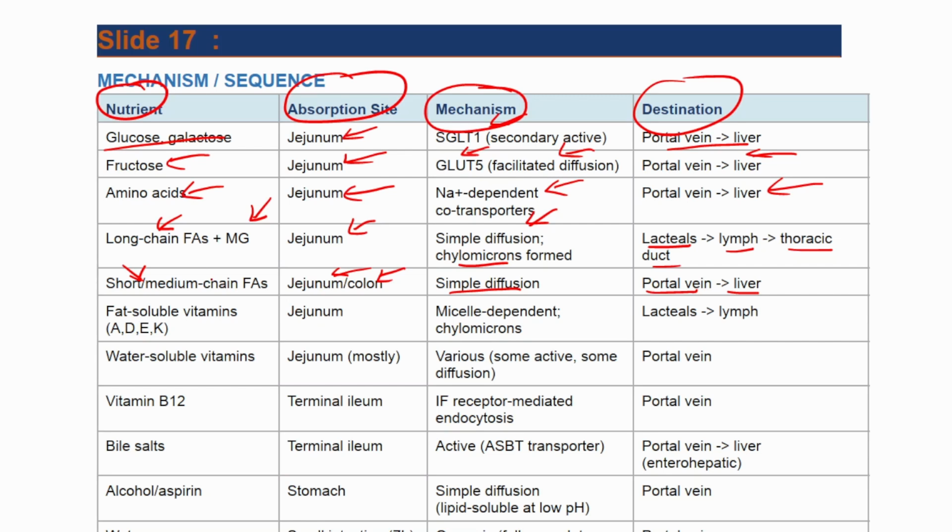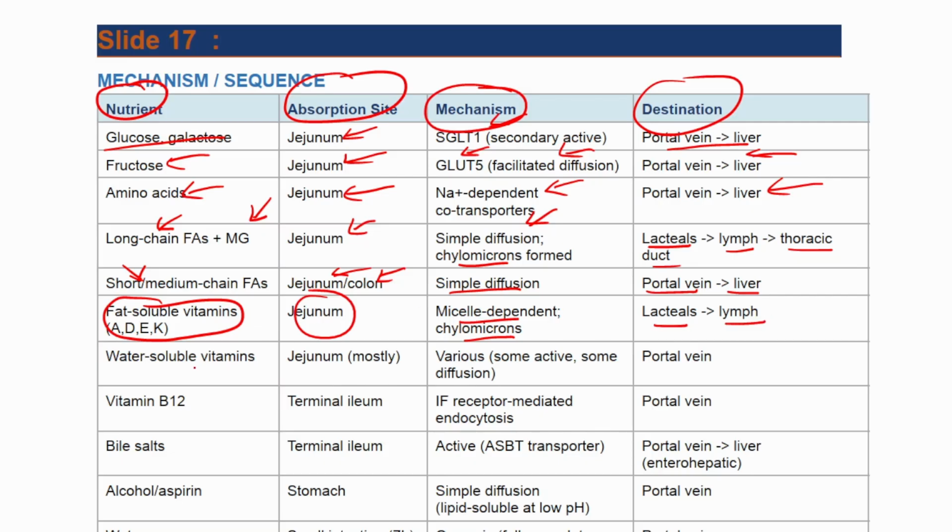Because fat-soluble vitamins share the highly hydrophobic nature of long-chain lipids, they are forced to hitch a ride on this exact same structural pathway. Fat-soluble vitamins A, D, E, and K are absorbed in the jejunum via a micelle-dependent mechanism where chylomicrons are assembled to transit these nutrients through lacteals into the lymph.